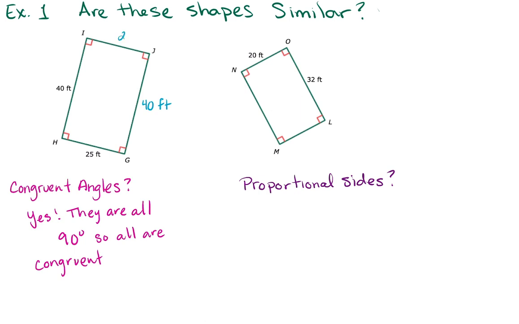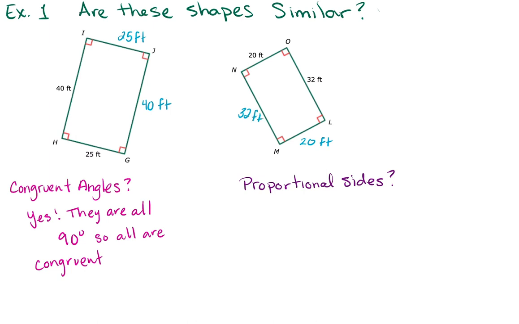And I'm going to have 25 feet at the top of the left one because it's opposite of the other 25. And then looking at the other figure on the right, across from the 20, we'll get another 20 feet. And then 32 across from 32.